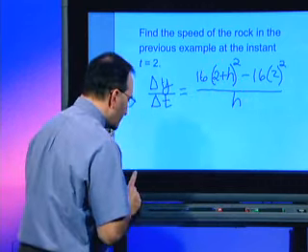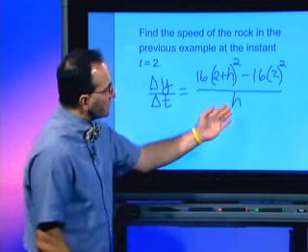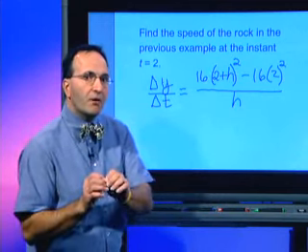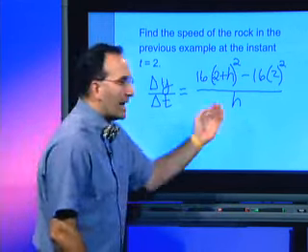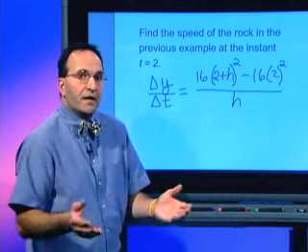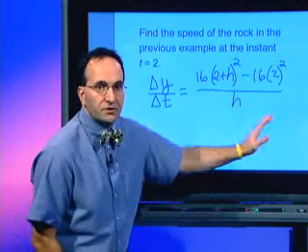Before we do that, realize that we can't actually calculate this when h is equal to 0, because that would make the denominator 0 and it would be undefined. We can, however, evaluate it as h gets close to 0.